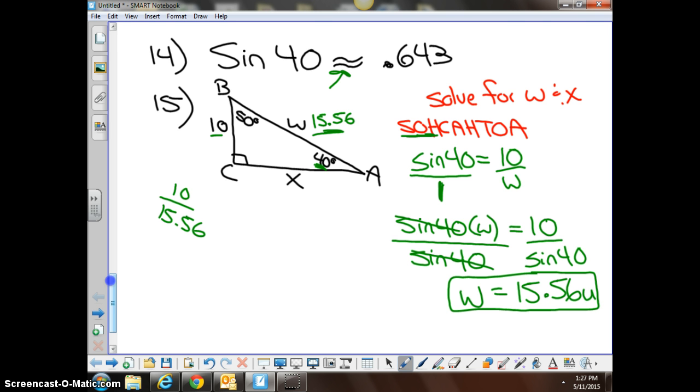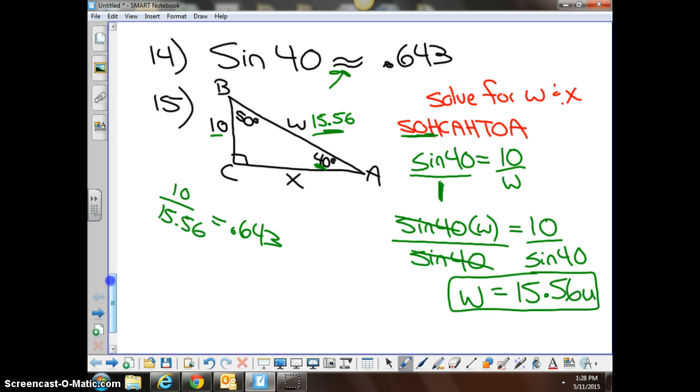Approximately. Let's go to the nearest thousandth. Madison, what is it? So it equals 0.643. Does that make sense? Yes.